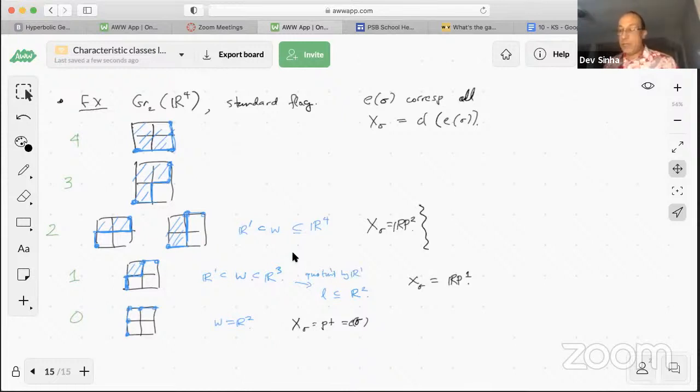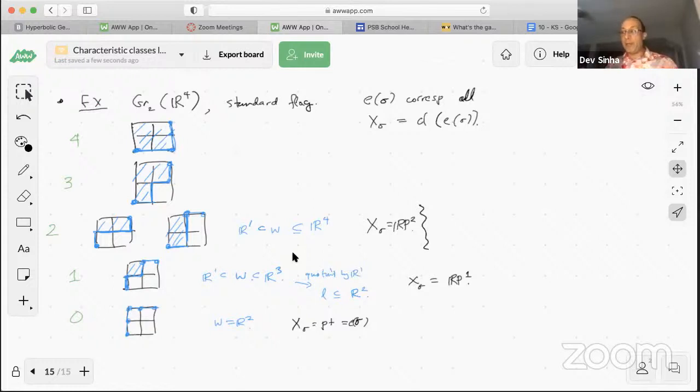So generically, what this says is that I'm not going to contain R1, but the first interesting thing that happens, that first jump up, because again, generically, I just move to the right or move up. That first jump up says that the dimension of W intersected with R2 is 1.